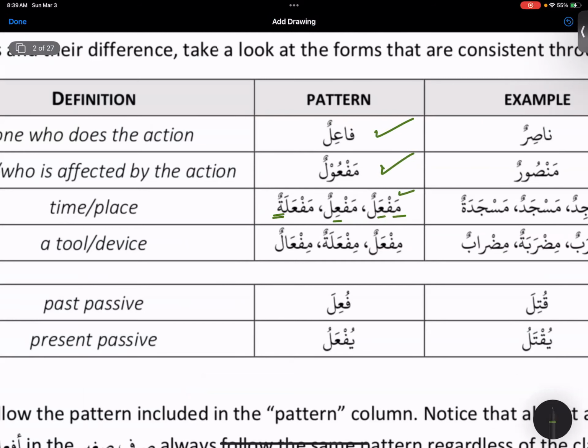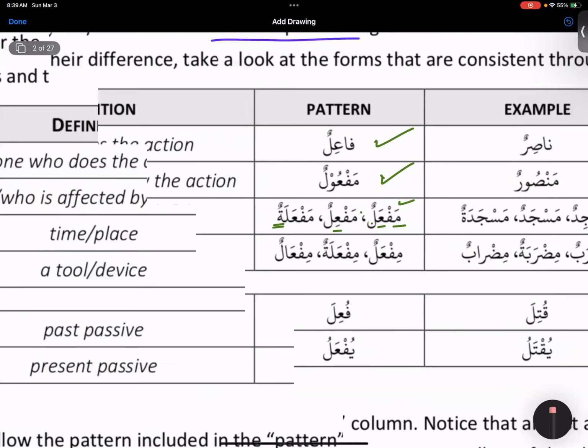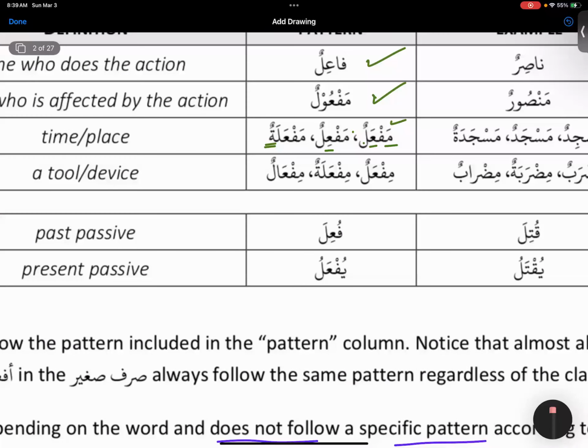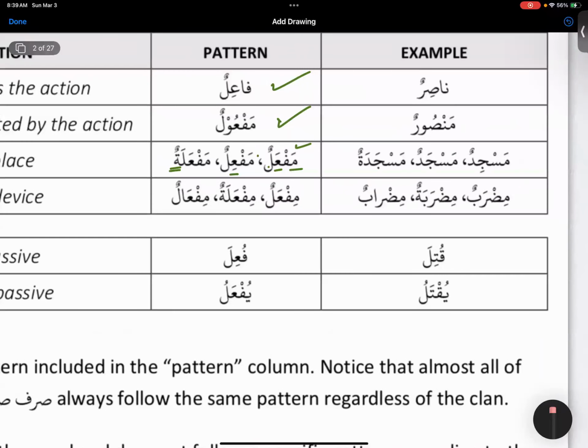Right? So basically with the first one, you are just adding ta marbuta over here. Maf'alatun. Right? So this is how we can memorize them. So maf'alun, maf'ilun, and maf'alatun. This is the zarf. So we have the word masjidun, right?